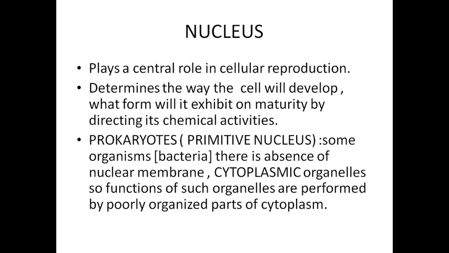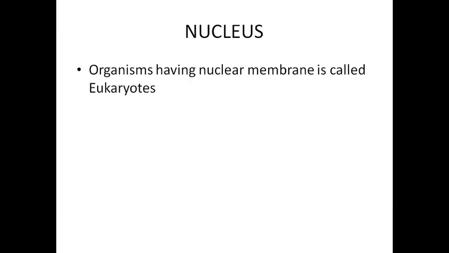There is an absence of nuclear membrane. I'll show you in the next slide what the meaning of nuclear membrane is. There's no nuclear membrane in that, and the cytoplasmic organelles are very poorly organized in the cytoplasm. Such organisms we term as prokaryotes.